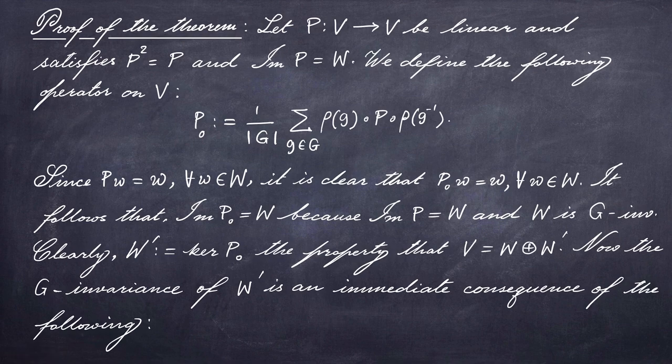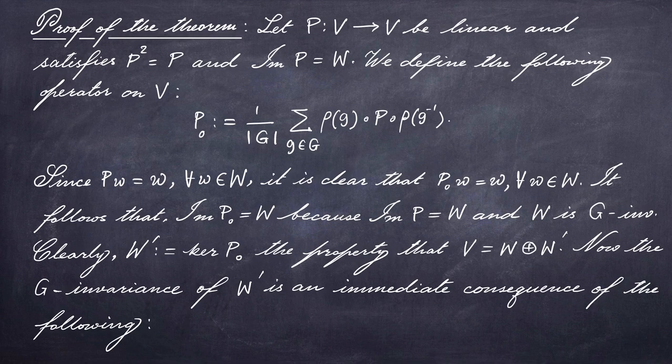What we are supposed to prove is, here W is a G invariant subspace of V. We are supposed to find a G invariant subspace W prime such that V equals W direct sum W prime.